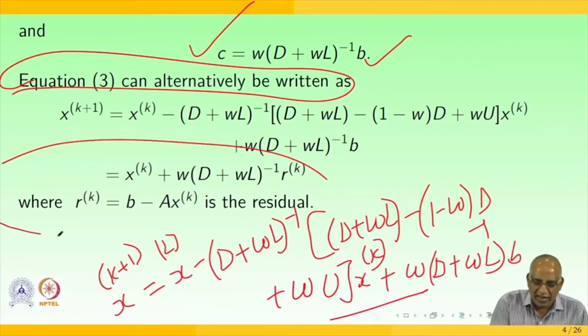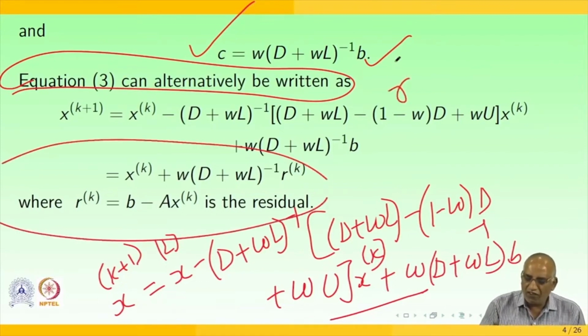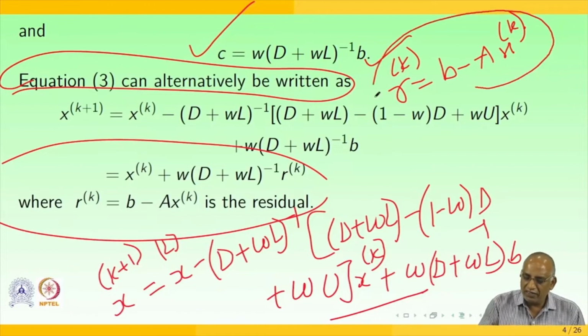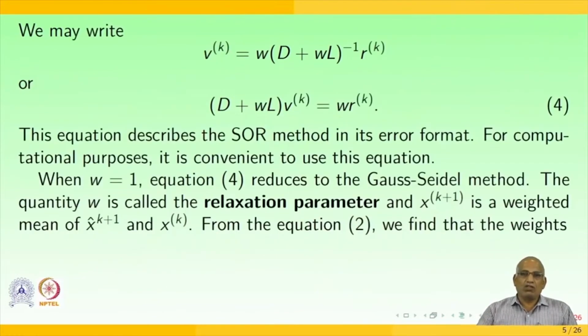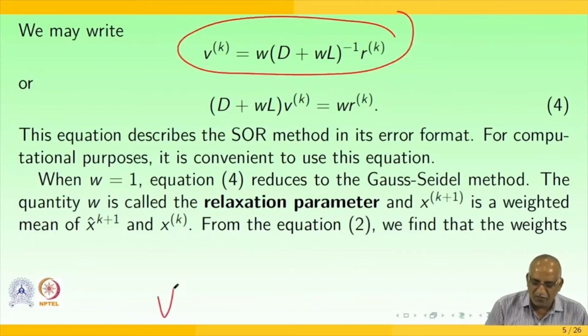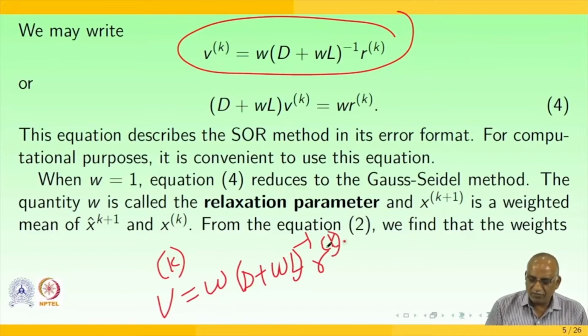So this can be written with r of k equal to b minus A x of k, which is the residual. So we may write v of k as w of D plus wL whole inverse r of k.